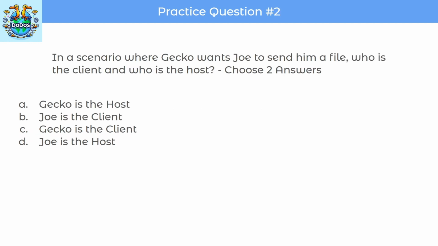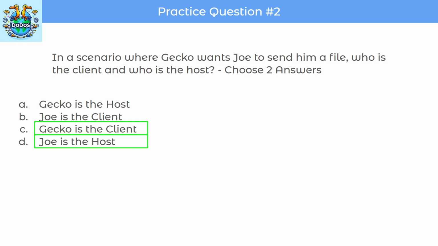Practice question 2. In a scenario where Gecko wants Joe to send him a file, who is the client and who is the host? You choose 2 answers. Pause the video here and think about this. Okay, the answers are C and D. Gecko is the client and Joe is the host, because Gecko is asking, hey, can I have this file?